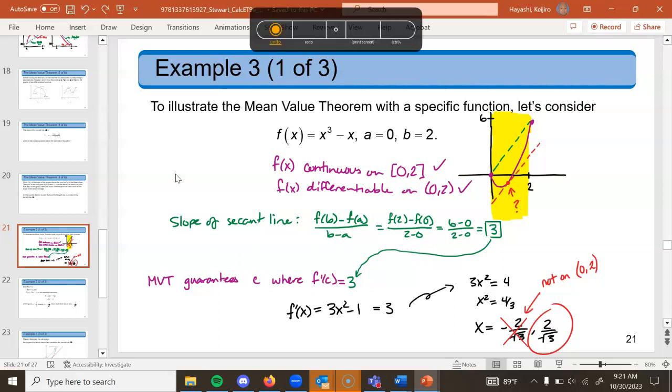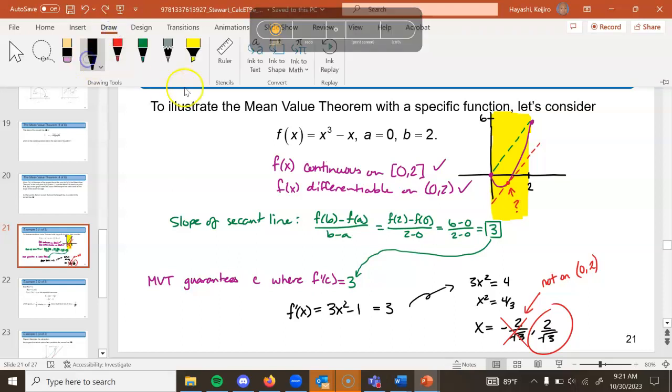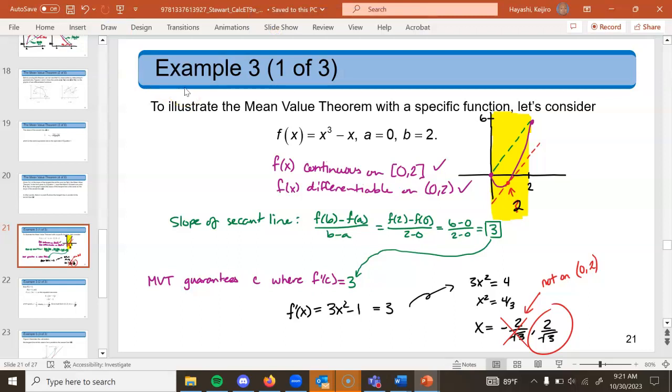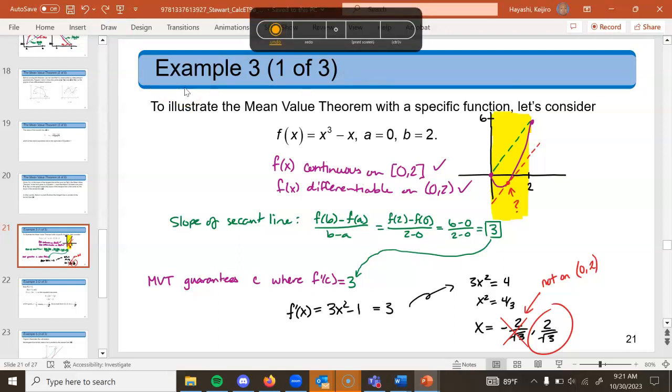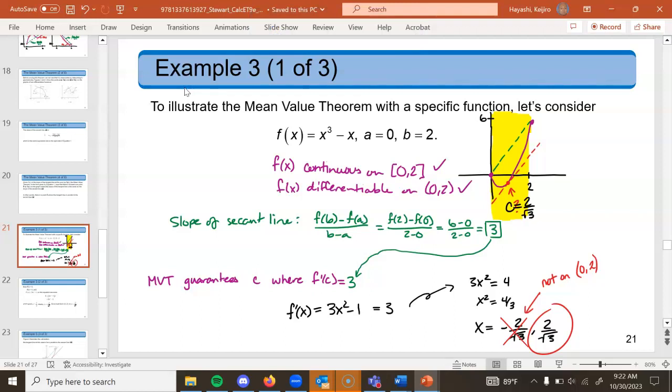So this value right here, even if I didn't draw it to scale or correctly, this value is 2 over the square root of 3. So C is equal to 2 over the square root of 3. And you can rationalize this to be like 2 square roots of 3 over 3.